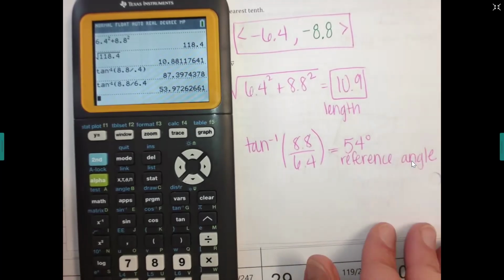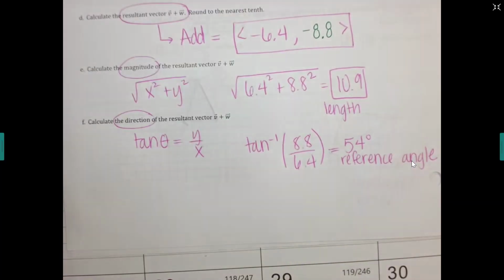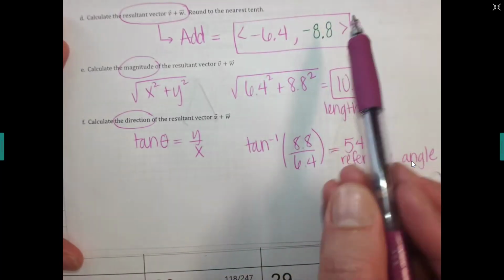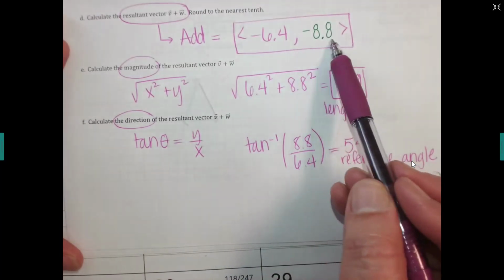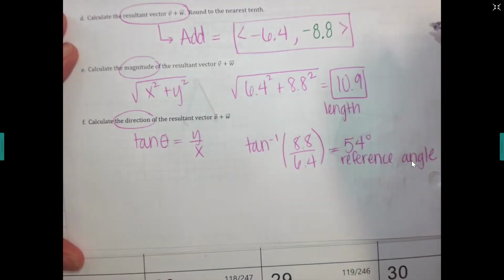The remaining step to turn that into direction is to consider what quadrant it would end up being in. So remember, this is my vector. I have a negative x and a negative y. It would be in the 180 plus. So I'm going to draw you a little picture. I'd go to the left 6, down 8. That puts me in quadrant 3.